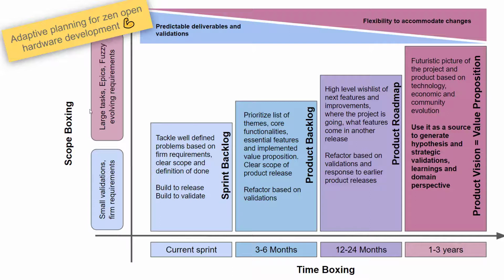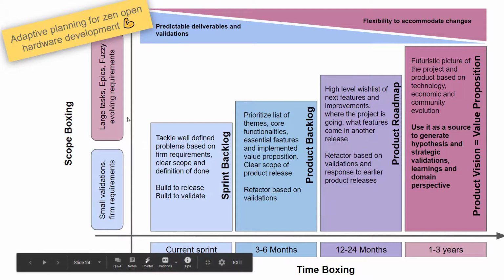On the other hand, you always want on your horizon a more futuristic and perhaps vague or flexible vision of your project. And you can constantly evolve and zoom in and zoom out in your project.